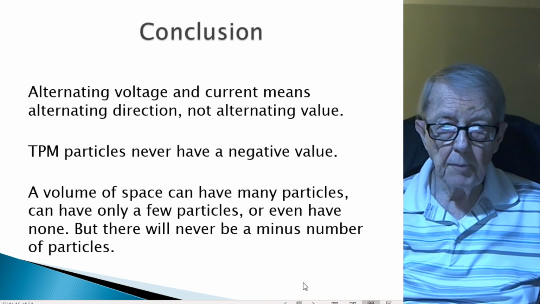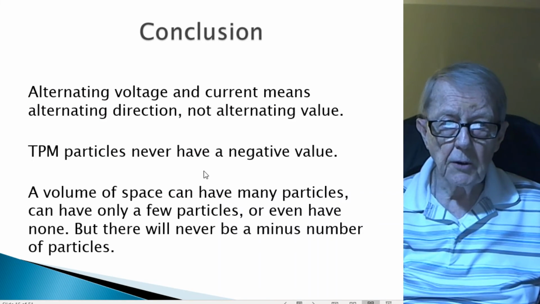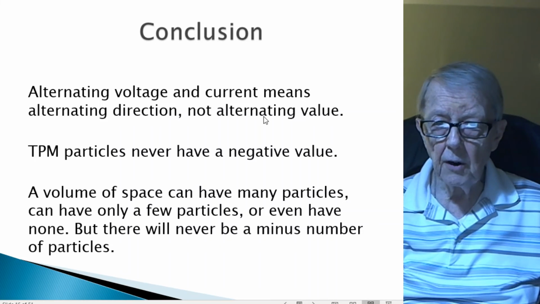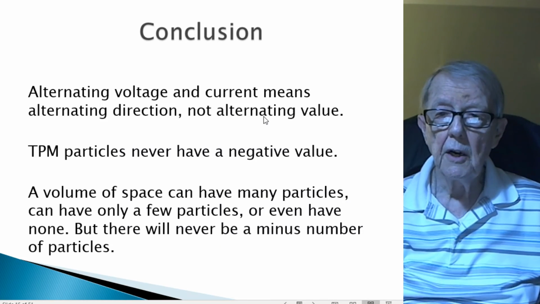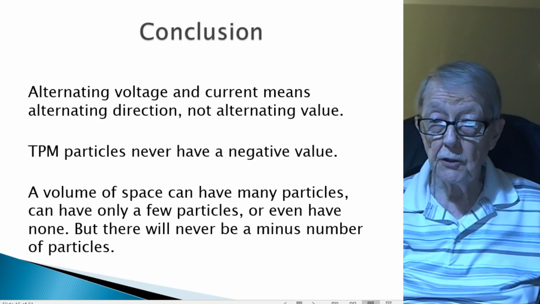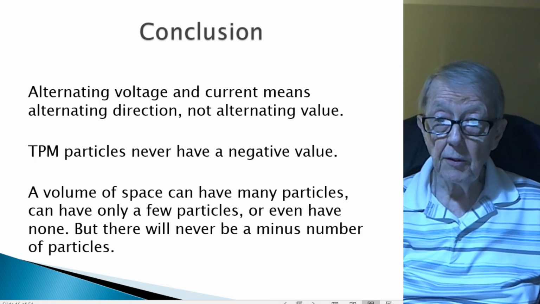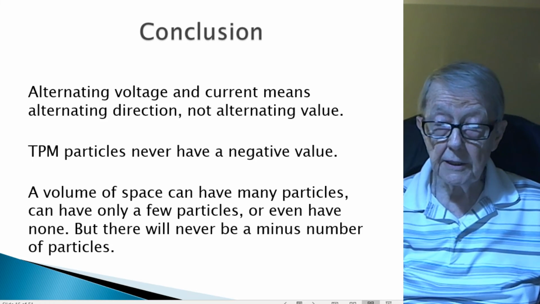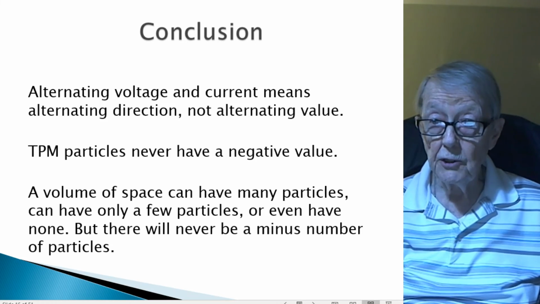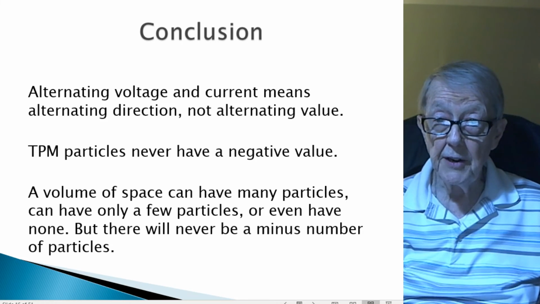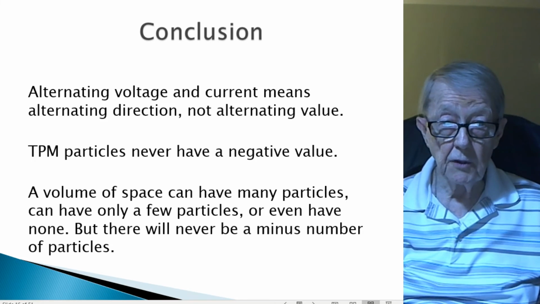The conclusion: alternating voltage and current means alternating direction, not alternating value, because there are no negative G1s flowing through the circuit. They're either there at the peak as 100, or there's none. But there's never a negative number of G1s flowing.